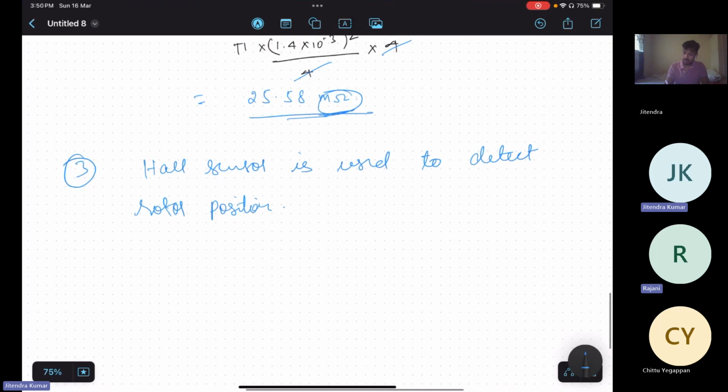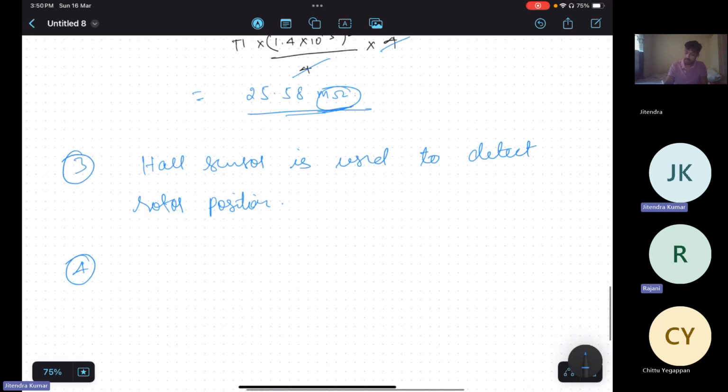Okay. Now the fourth question is related to a permanent magnet brushless motor with sinusoidal excitation compared to a brushed DC motor. What does it offer? The brushless PM motor is better compared to a brushed DC motor. In which term is it more advantageous?